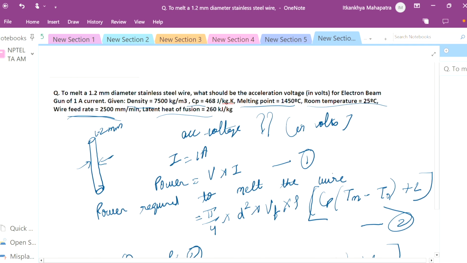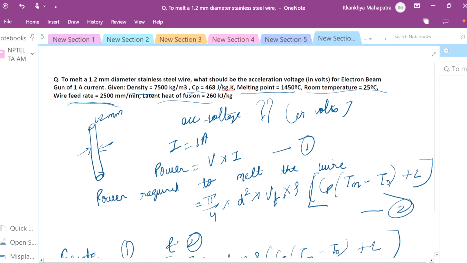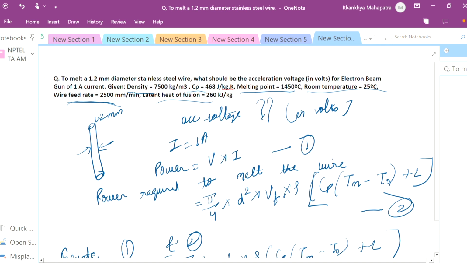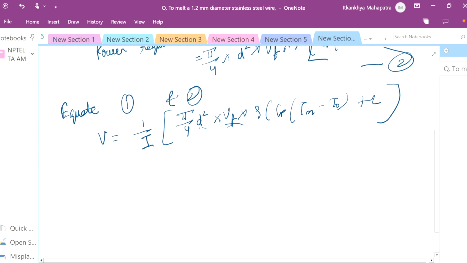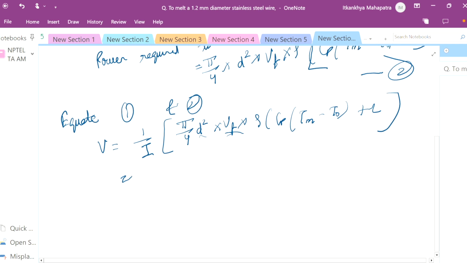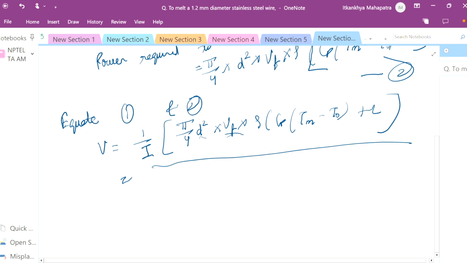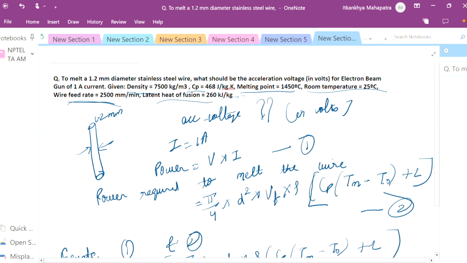Cp is 468, it is given, and this is 1450 minus 25, and then your latent heat is in kilojoule per kg, so convert it into joule, 260 into 10 to the power 3. Now divide by the current, which is given as 1 ampere, so you don't need to do anything. Just put in all the values and you will get your answer. This is a very straightforward question.